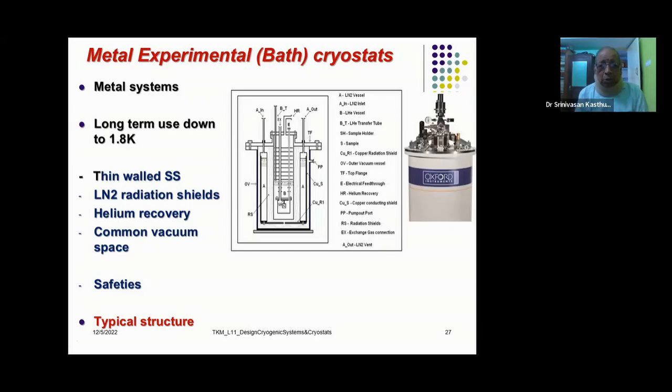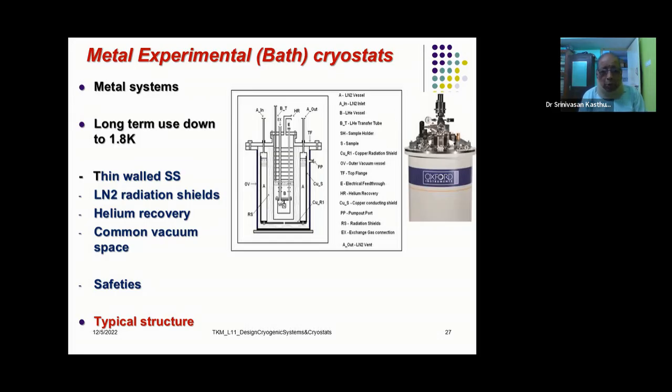To prevent the thermal radiation from the outside coming inside, you use a number of baffles. You can see the horizontal lines, the number of baffles. They act as radiation shields and make sure that not much heat is transferred from the outside, from the topmost point of the inner vessel, to the inside, to the material chamber.